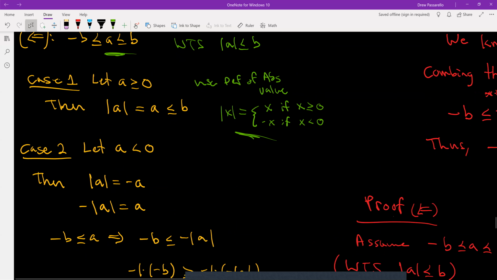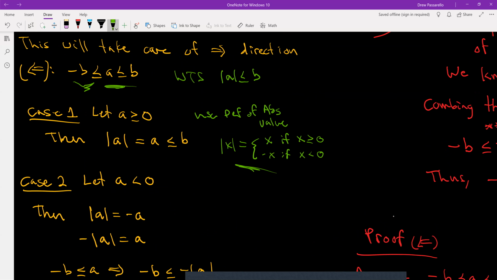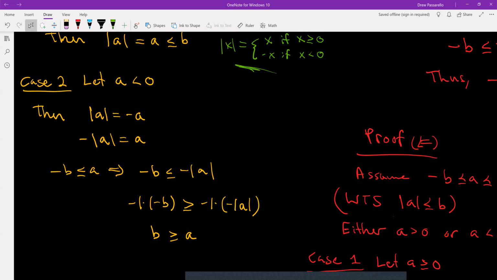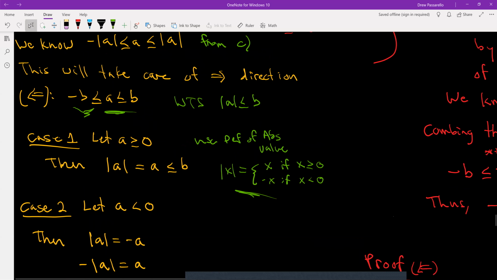And we know that negative b is less than or equal to a. So that implies, just replacing a with negative absolute value of a, that negative b is less than or equal to negative absolute value of a, which we can multiply both sides by -1 and use our Roman numeral 4 bullet point, and we get that b is greater than or equal to the absolute value of a.